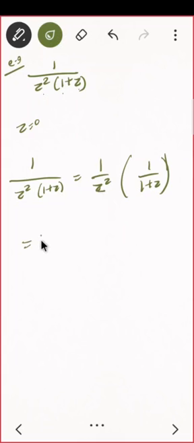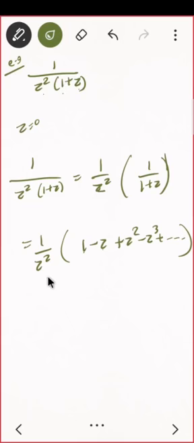That is 1 upon z square, put it outside, and here it will be 1 minus z, sorry, it will be alternate plus minus: 1 minus z plus z square minus, and so on. So once you multiply by 1 upon z square, it will be 1 by z square minus 1 by z plus 1 minus z, and so on.